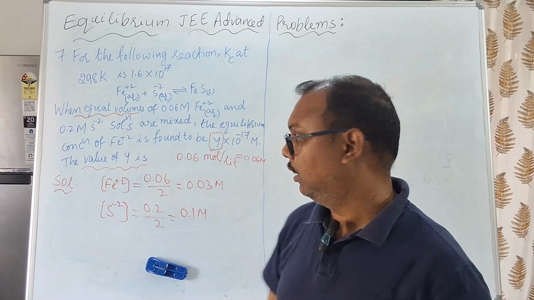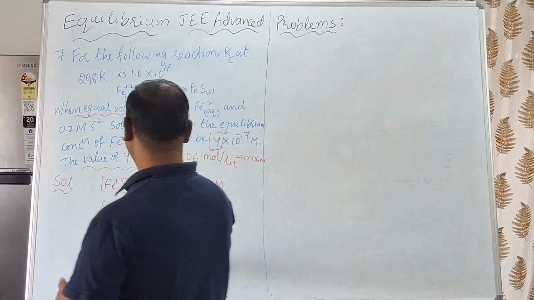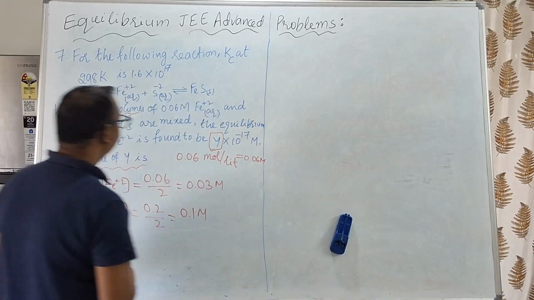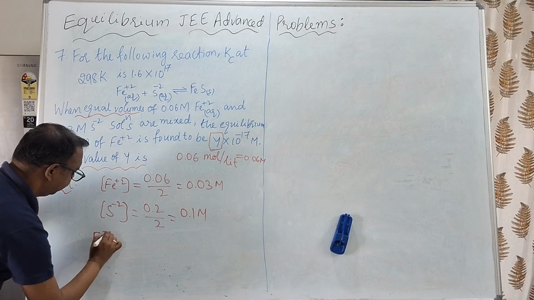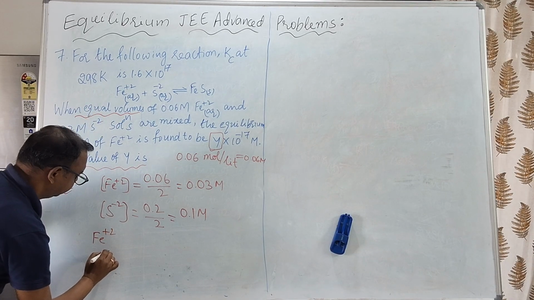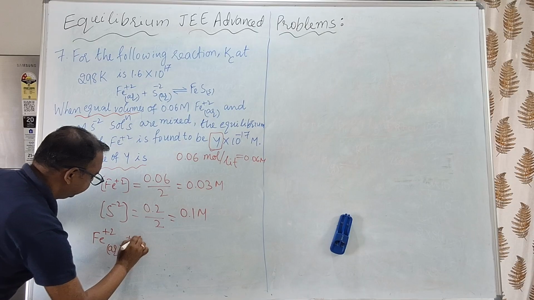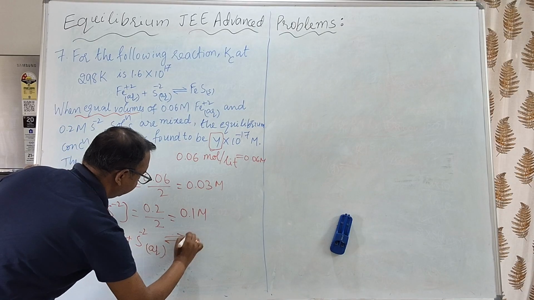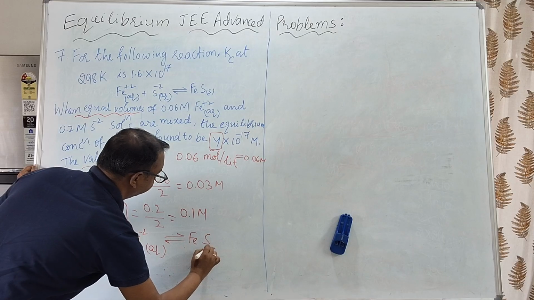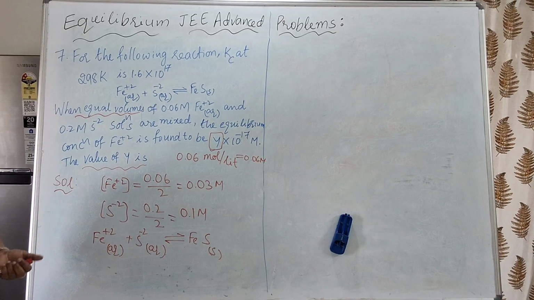Now let us consider the equation here. Fe plus 2 aqueous plus S minus 2 aqueous gives FeS solid, correct?